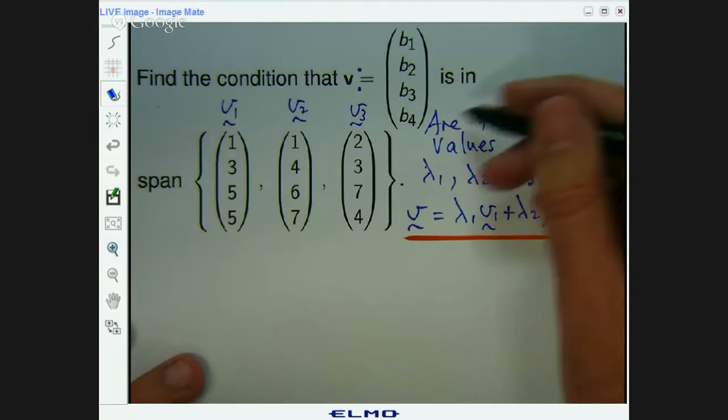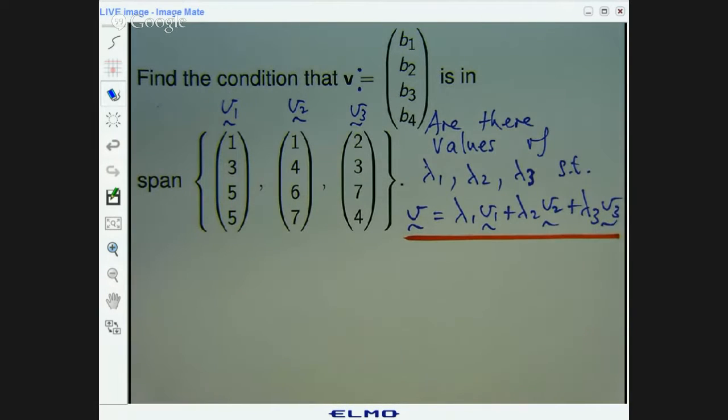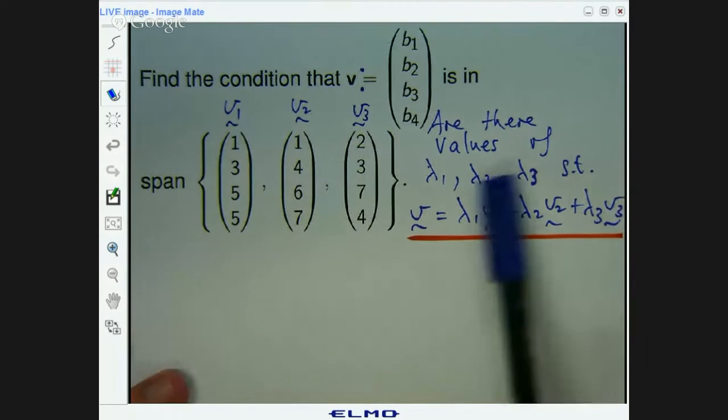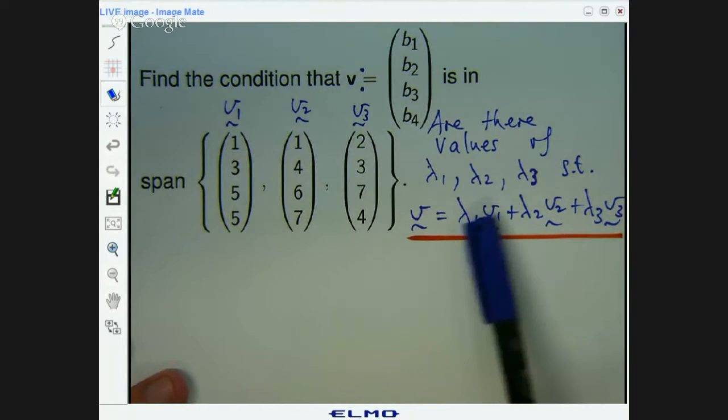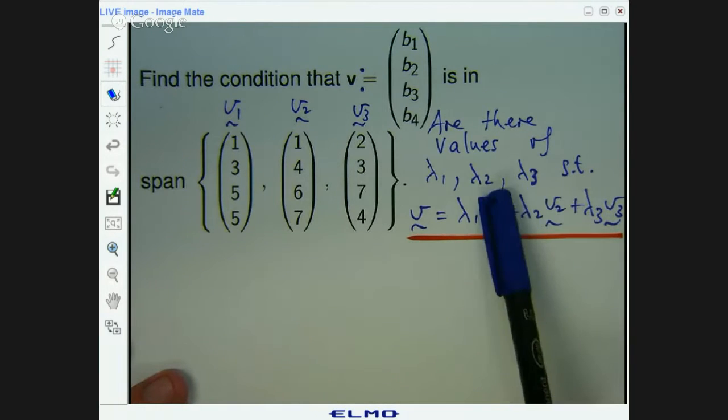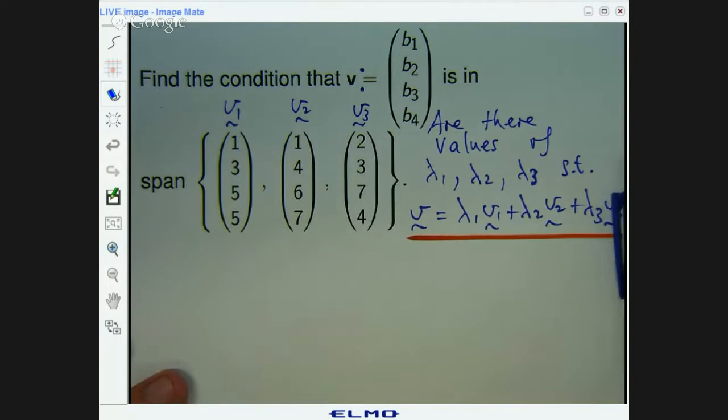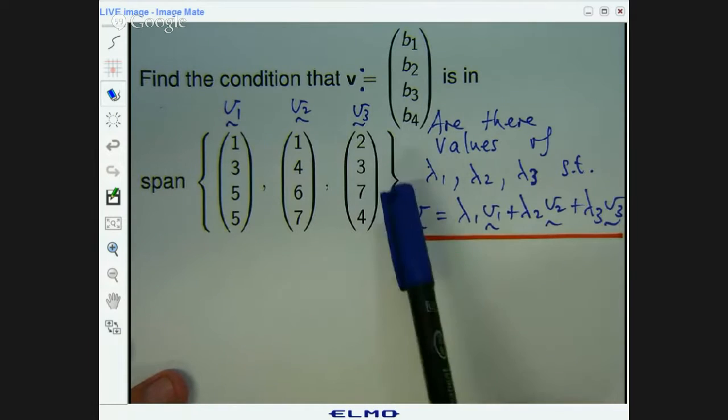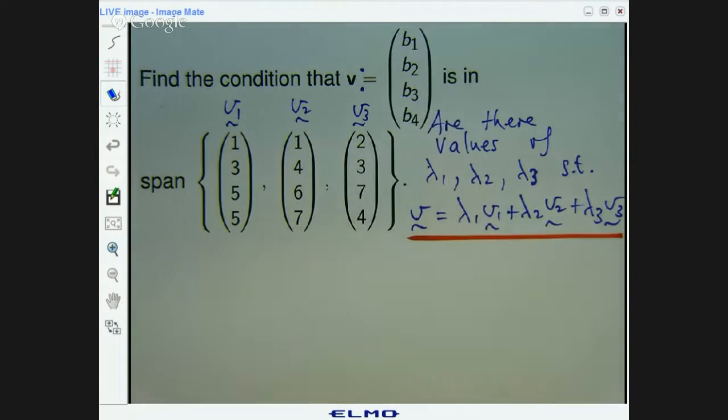But how do we actually relate this back to matrices? Well, essentially, this is a vector equation, right? The unknowns are lambda 1, lambda 2, and lambda 3. We can write V1, V2, V3 as a matrix, and then this as the right-hand side or the right-hand column of our matrix, okay?